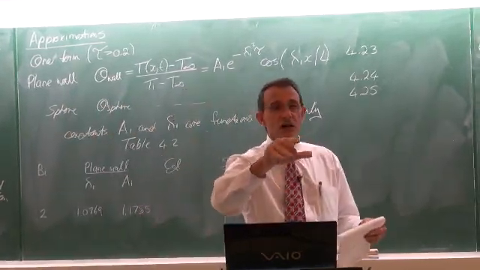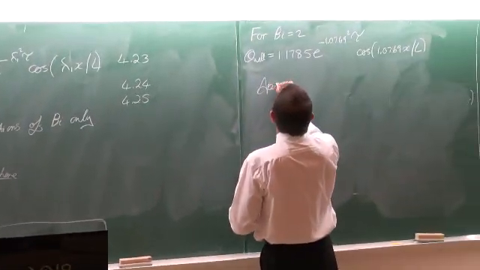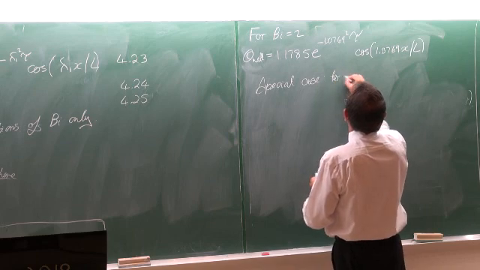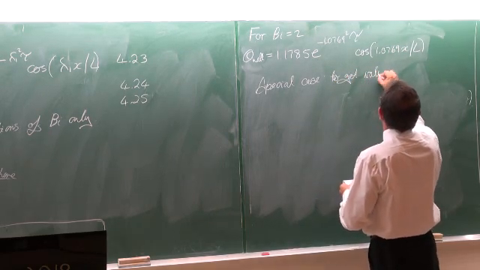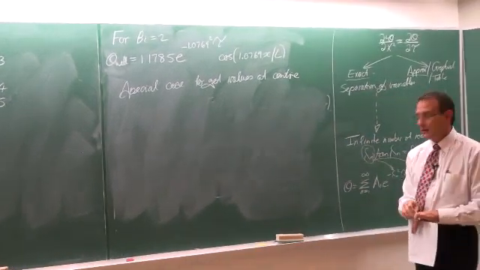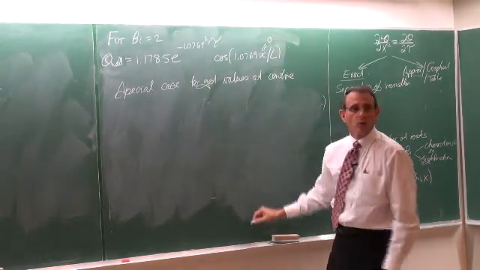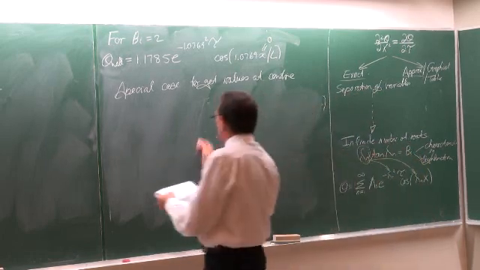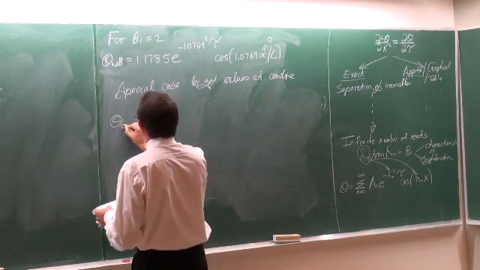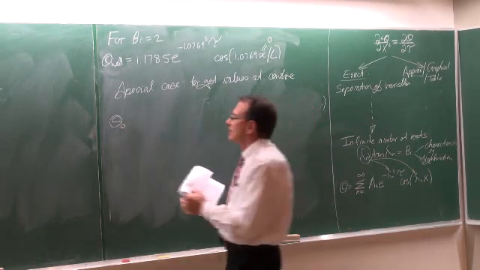But then there's another special case of problems, and that is the special case to get the values at the center. If we are interested in the values at the center, then x would be equal to 0. And for that, we write the non-dimensionalized temperature with a subscript 0 to indicate it is at the center.